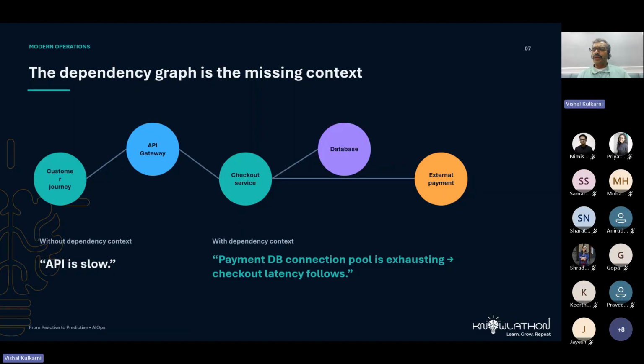If you really look at it, you need to understand the customer journeys, your API gateways, your checkout services. The moment you talk about checkout services, it could be an external payment system, or it could be the internal database, right? Typically this is how we use the customer journeys in our application context.